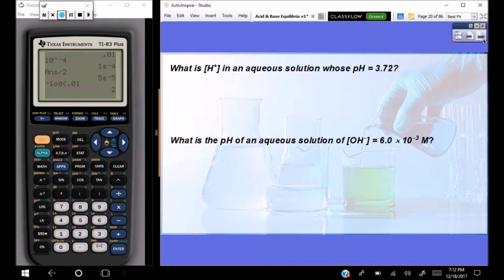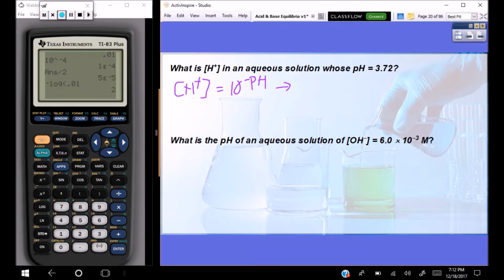All right, so what is the hydrogen concentration in an aqueous solution whose pH is equal to 3.72? Go ahead and solve this one on your own. It's just like the ones we just did. We know that H plus is equal to 10 to the negative pH.